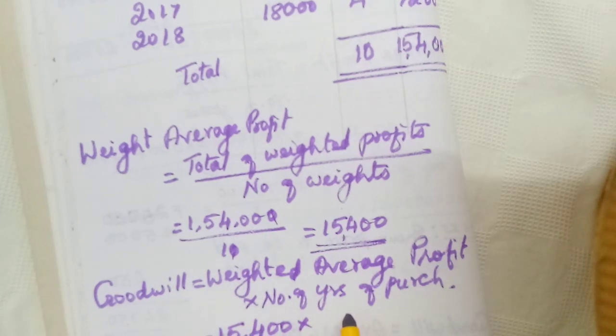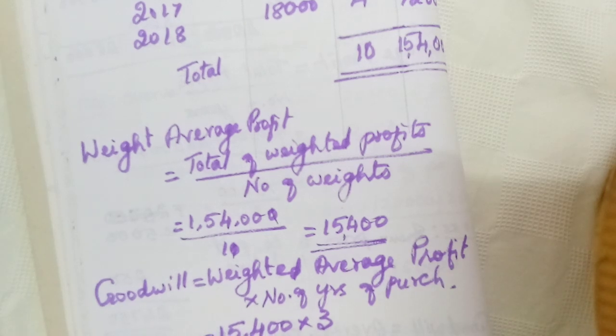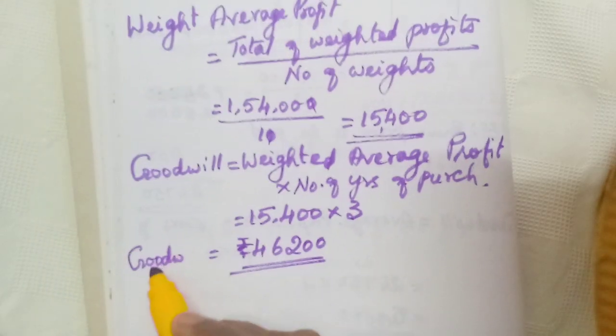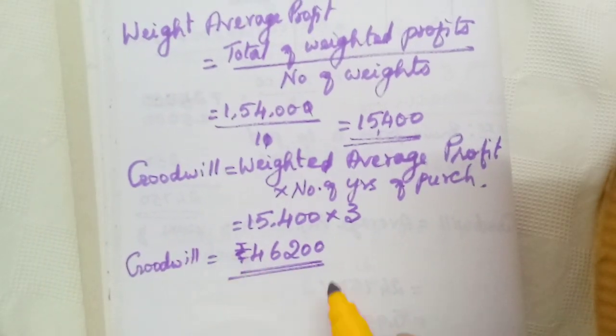The problem says 3 years purchase of weighted average, so into 3. 4 threes are 12, balance 1, 5 threes are 15 plus 1, 16, balance 1, 1 three is 3 plus 1, 4. So you have to write rupees 46,200.